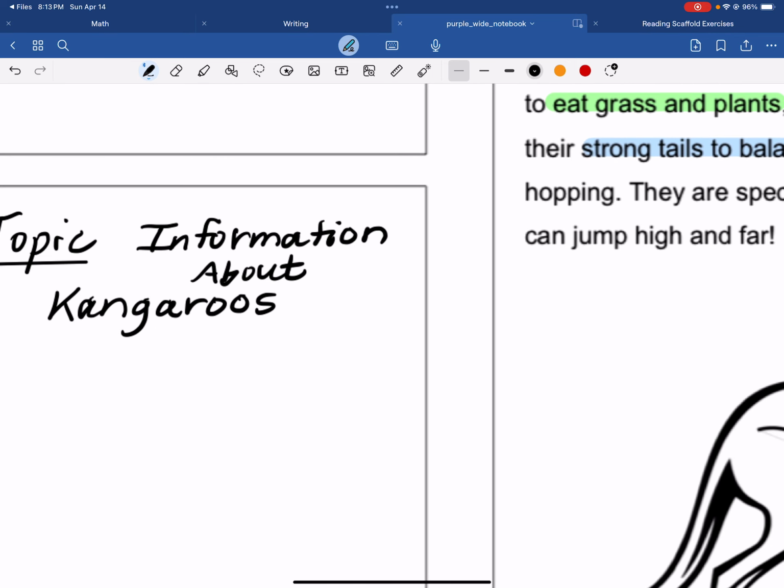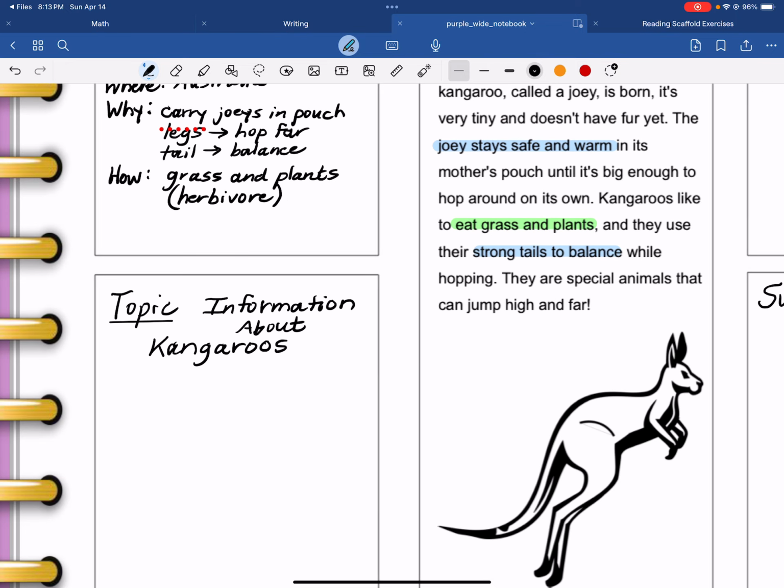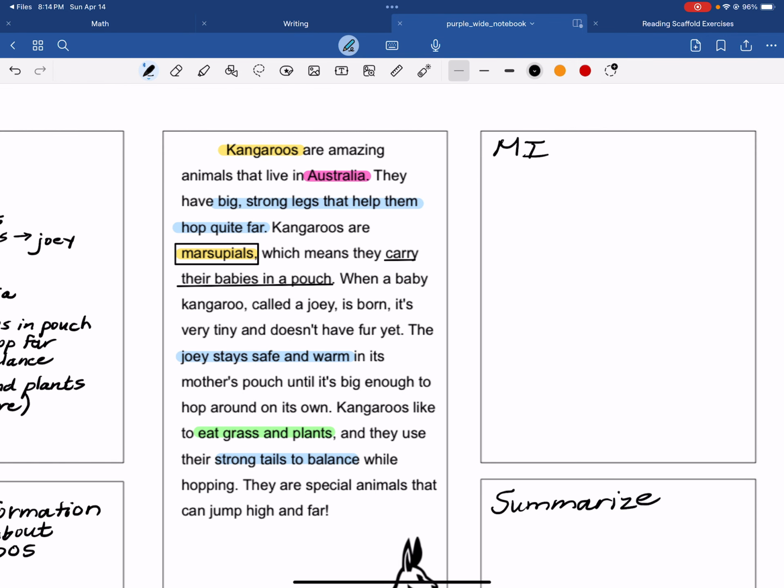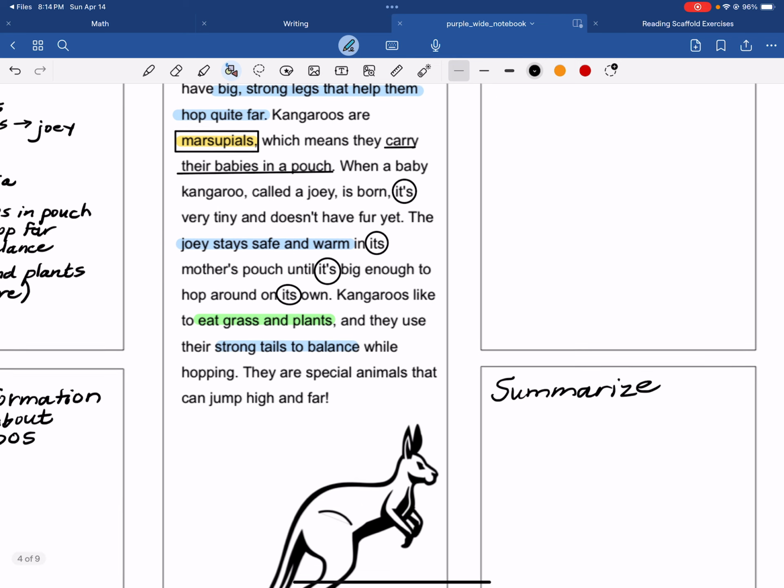You could talk about the fact that with this preposition, if it's 5 or more letters, it gets capitalized in a title. Another thing that jumps out at me here is the difference between this word and this word. Both of them are pronounced it's, but they're 2 different words.